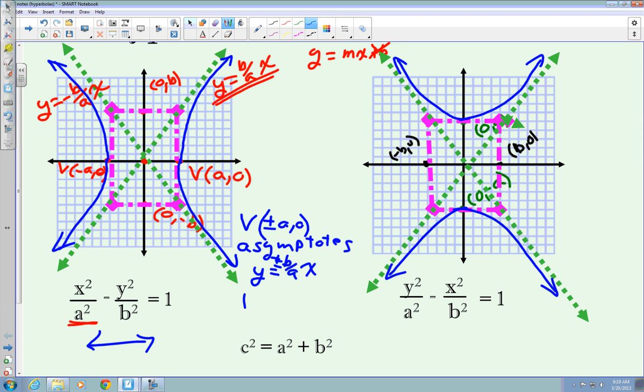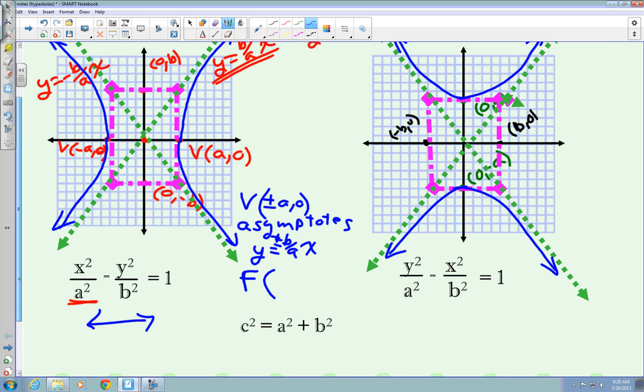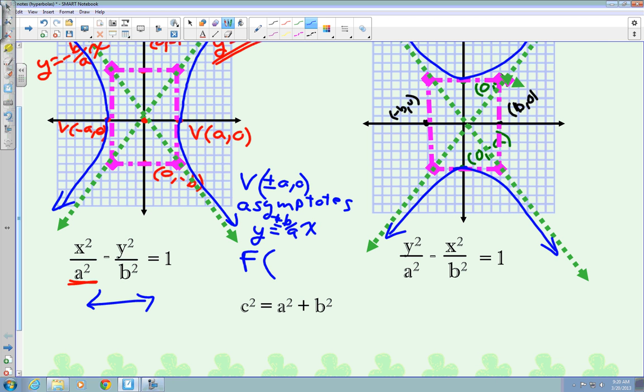And now the foci, we haven't found them yet. The foci are on the same axis as the vertices, just like in an ellipse. And we say c squared equals a squared plus b squared. So I'm going to take the square root to get c, and since this one is on the x-axis, it'll be plus or minus c, 0 for my foci. So it would be out here, negative c, 0 and positive c, 0.